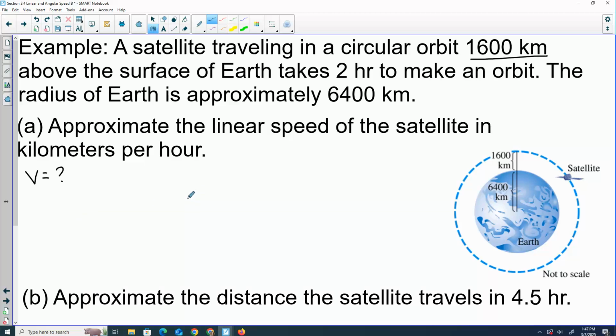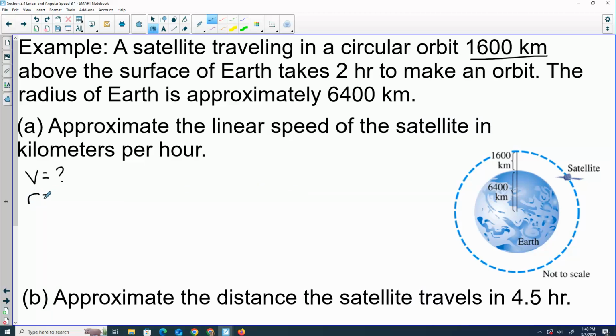I have to figure out what information I have. What do we know? What information is given?